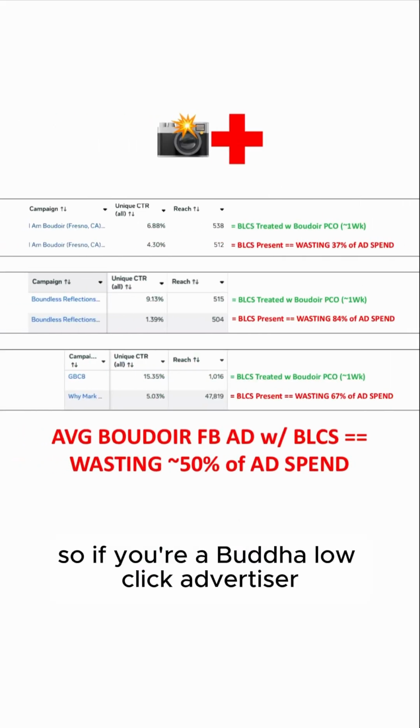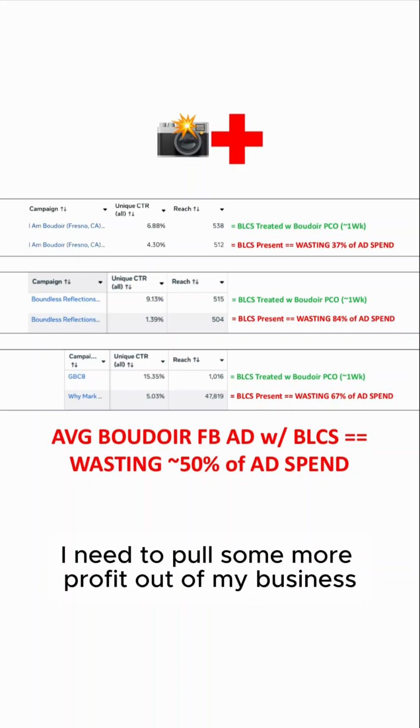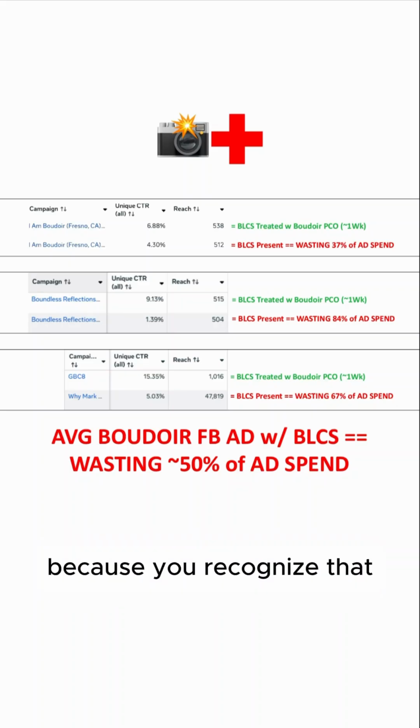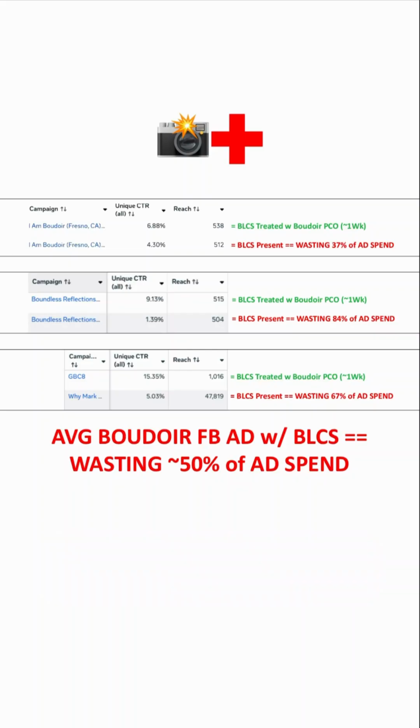So if you're a boudoir low click advertiser and you've got BLCS and you've decided, hey, now's the time, I need to pull some more profit out of my business. I don't want to do it through Facebook ads, because you recognize that boudoir market's getting more and more saturated every day.